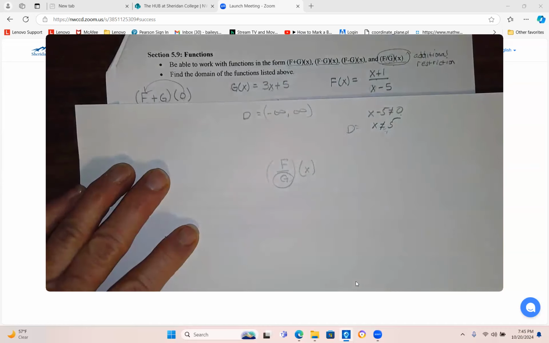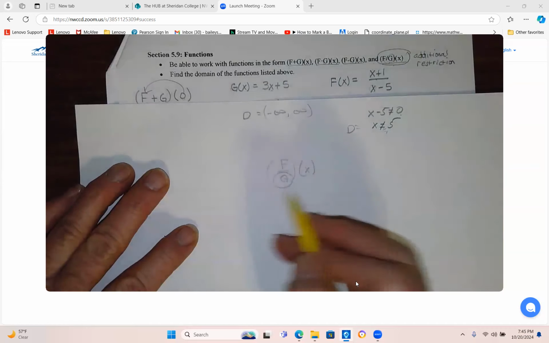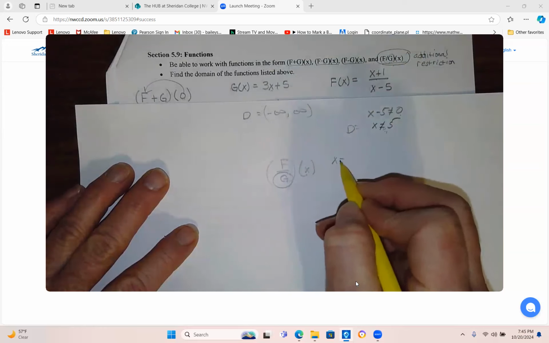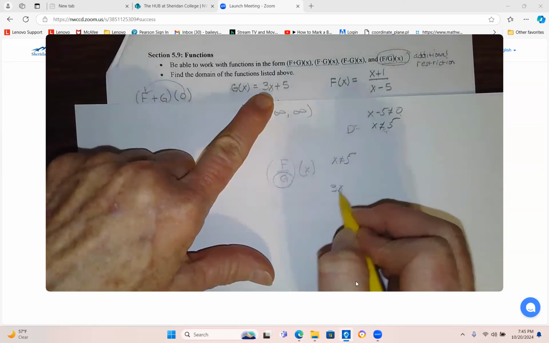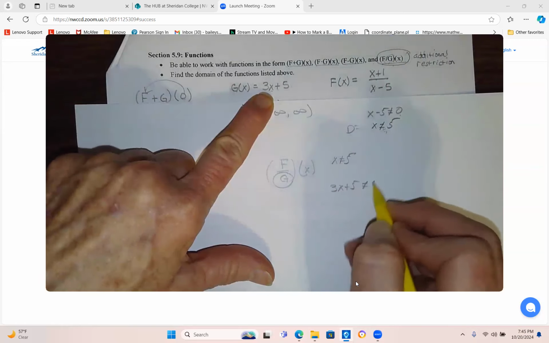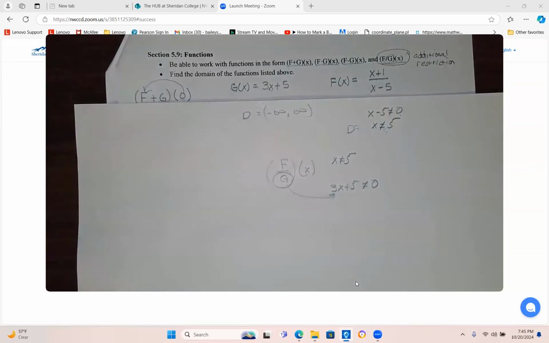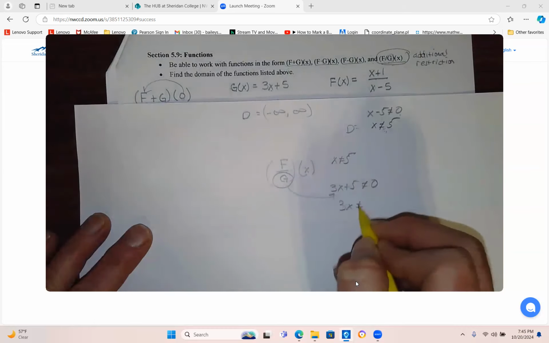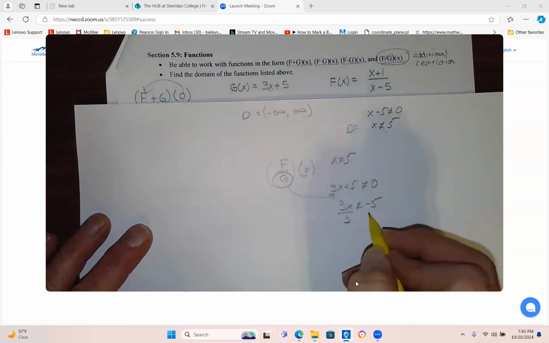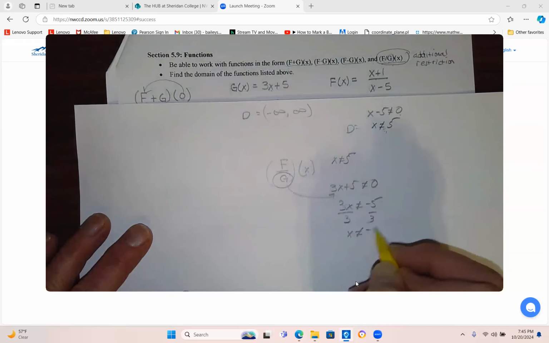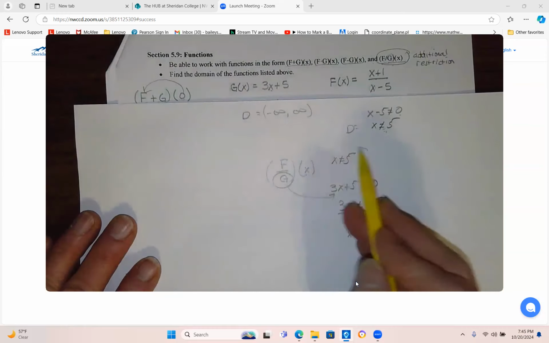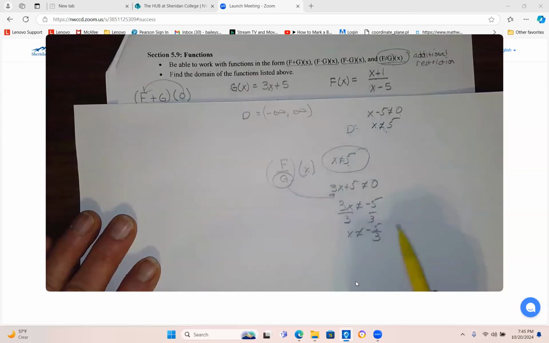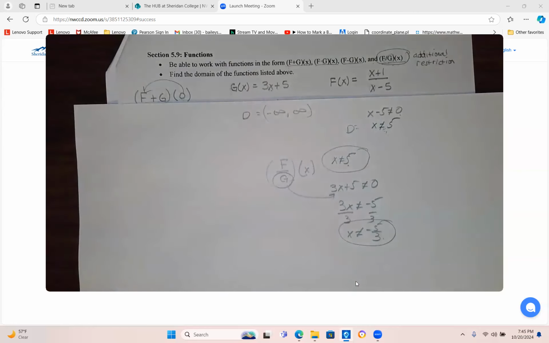G cannot be 0 with this one. So it's also x cannot equal 5 plus the 3x plus 5 cannot be 0 because it's in the denominator. And then you solve it. 3x cannot equal negative 5. X cannot equal negative 5/3. So this one has 2: x cannot be 5 and x cannot be that.